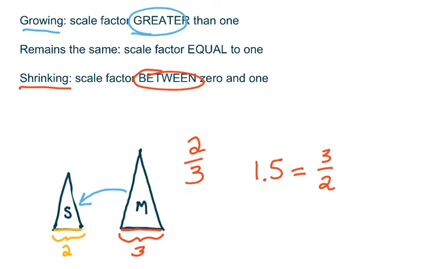But if you picked 1.5, then what I think you did is I think you reversed the order of the numbers, and you forgot that you need to use the value for your new image to be your numerator and the value of your original to be your denominator. And that would be 2/3 rather than 3/2 or 1.5.